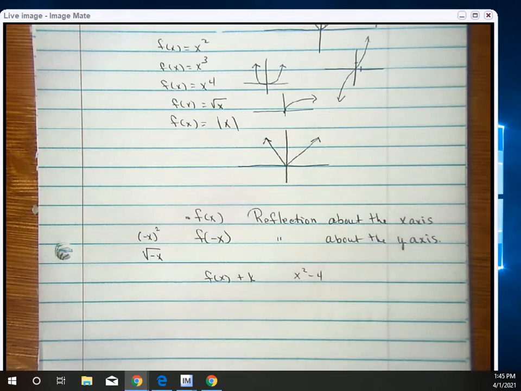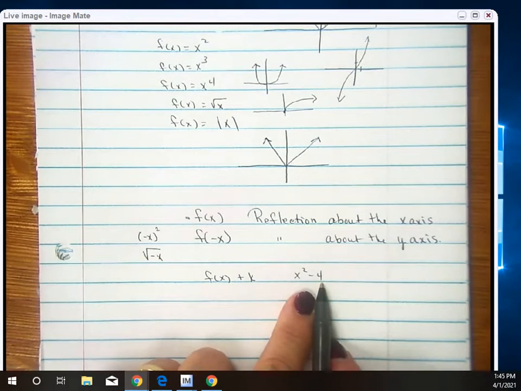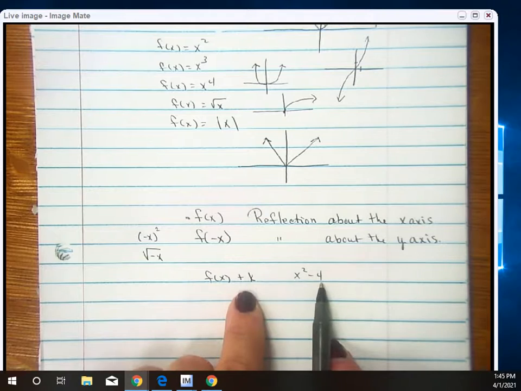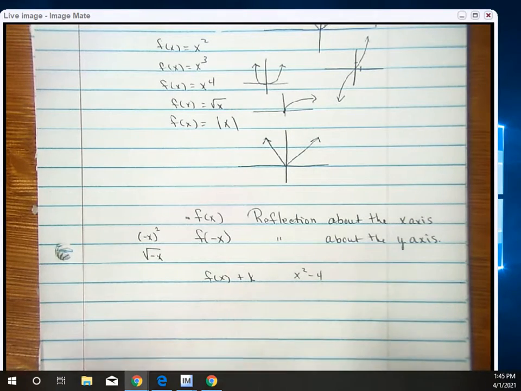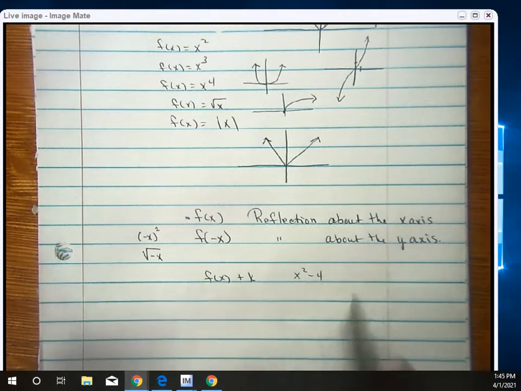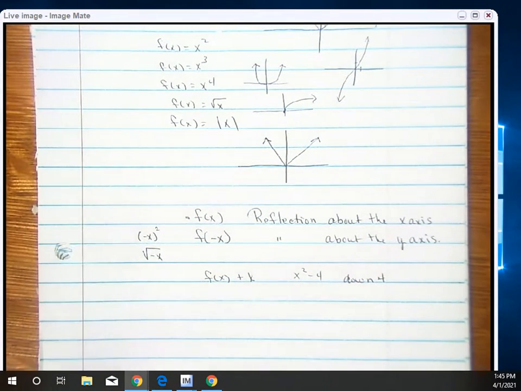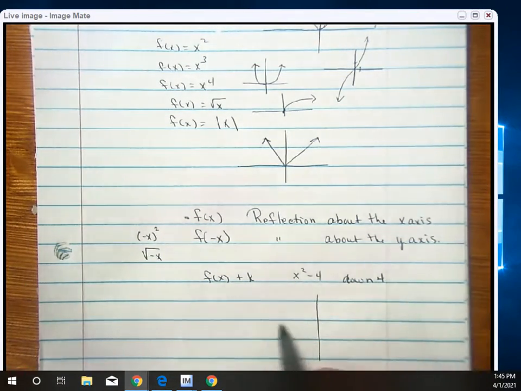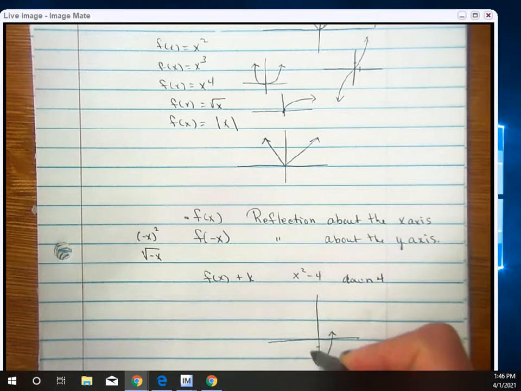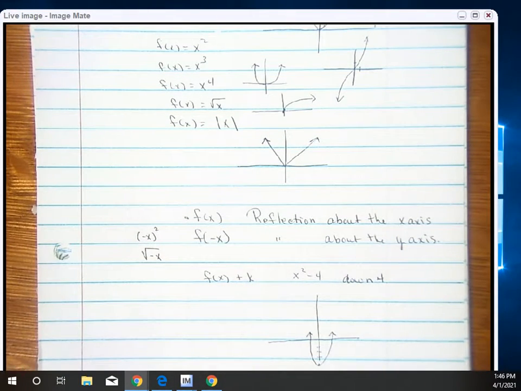It moves your intercept or your vertex down if it's negative, and if it's positive, it moves it up, however many it is. Okay, so this one would be a down 4. The graph is still a parabola. It's taken that vertex and moved it to 0, negative 4. The rest of it stays the same.